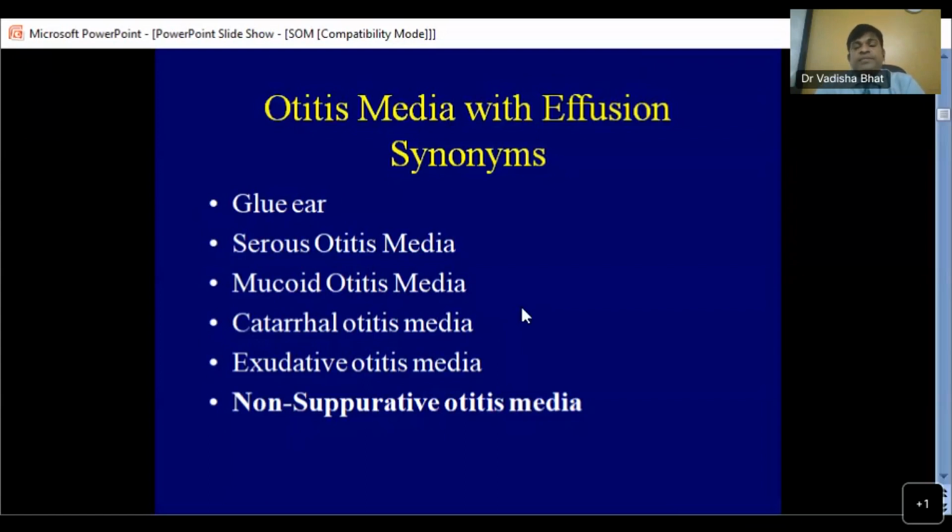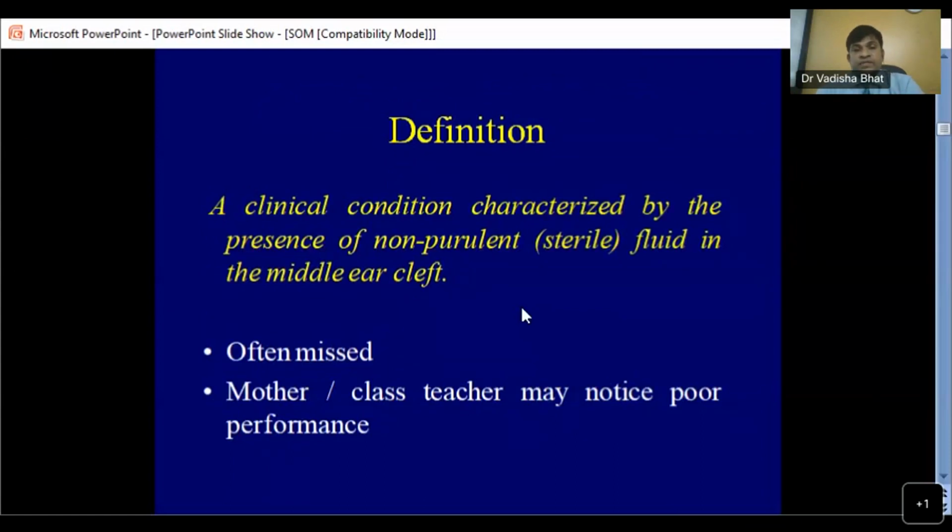That is why many times it is simply called mid-ear effusion, because the collection in the mid-ear cavity can occur even without any infection. So define otitis media with effusion: a clinical condition characterized by the presence of non-purulent, that is sterile, fluid in the mid-ear cleft. It is often missed.